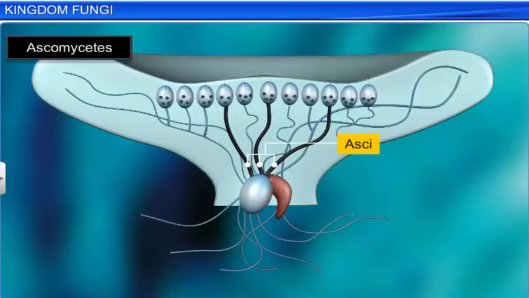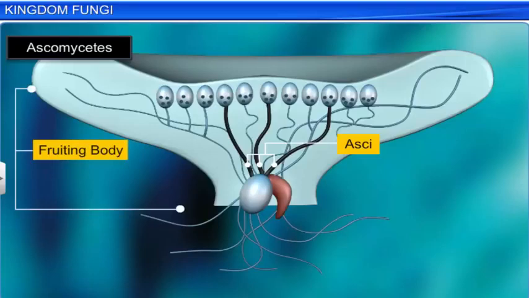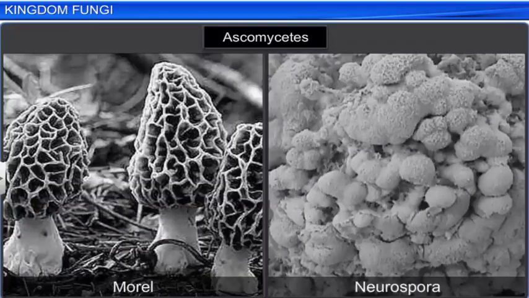The asci, in turn, are arranged in fruiting bodies called ascocarps. Some members of Ascomycetes, like morels, are edible, while others like Neurospora are used in biochemical studies.